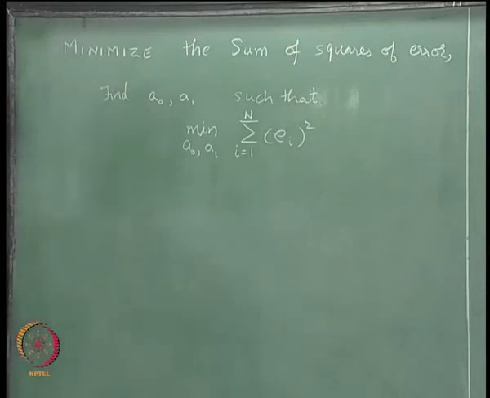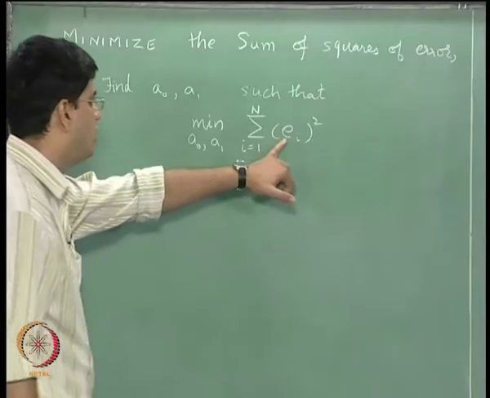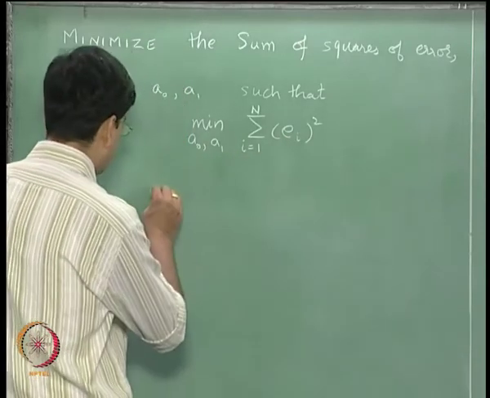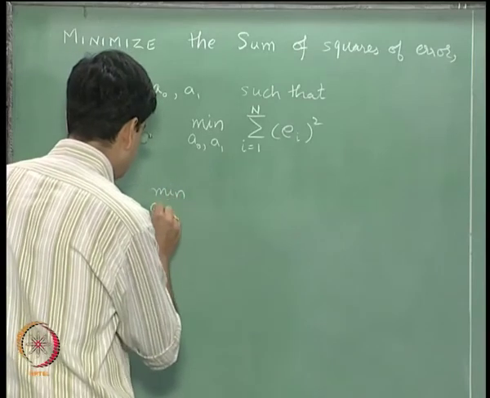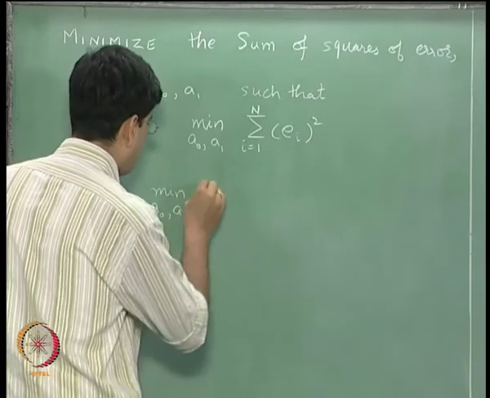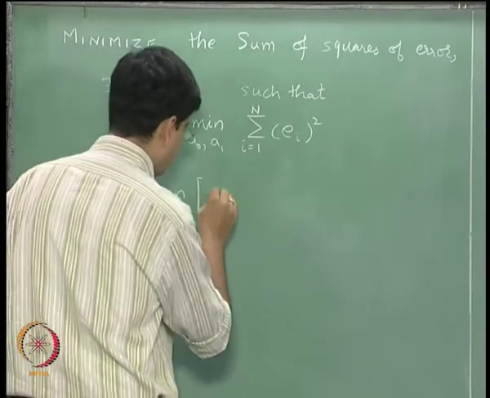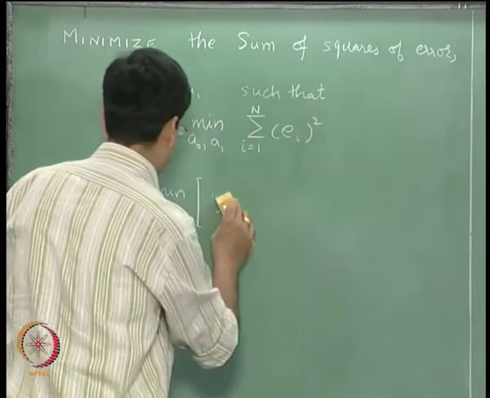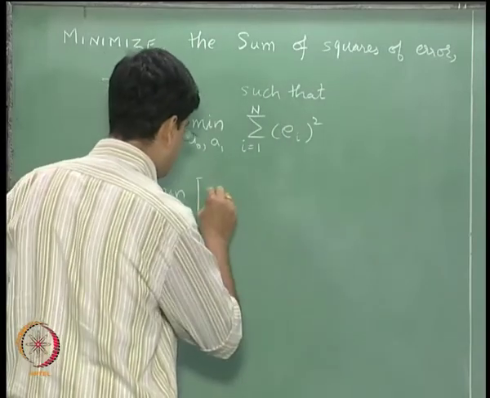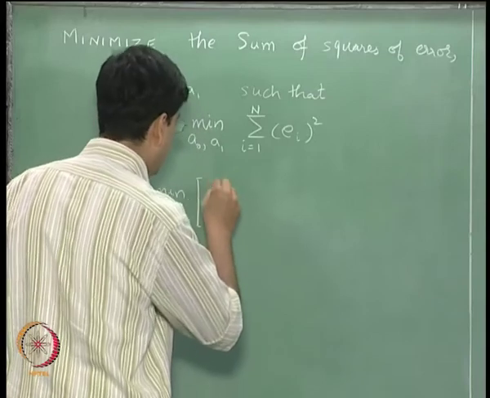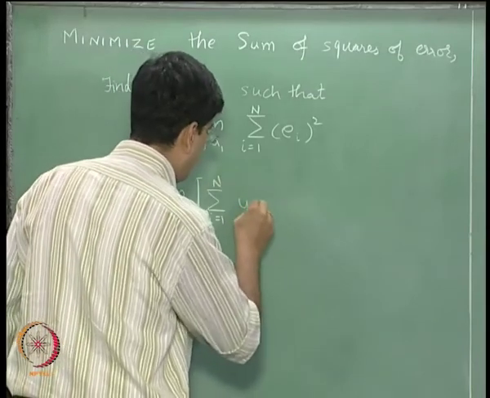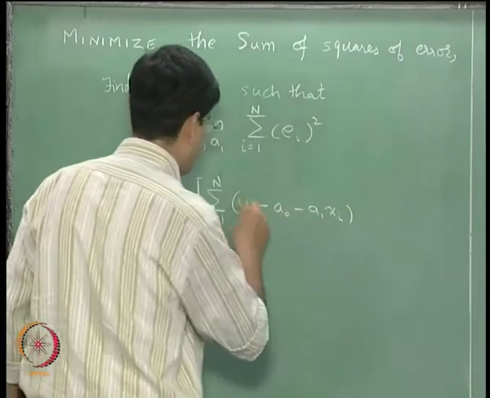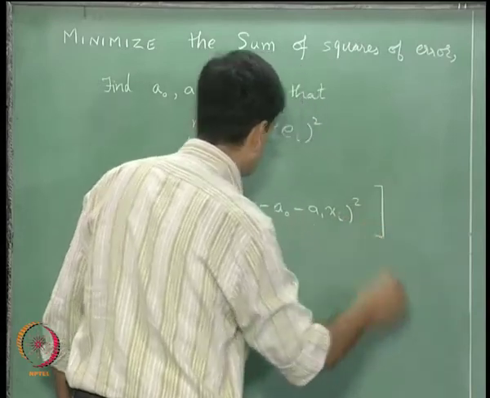So let us substitute the form that we had for Ei in this particular equation. We will get, forgot the summation sign over here, summation i equal to 1 to n of yi minus A0 minus A1 xi, the whole squared.